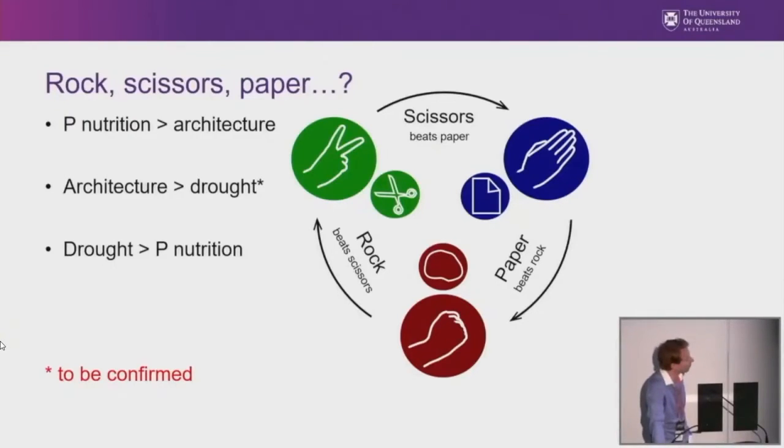I haven't really been able to confirm this in my type of experiments, but the theory holds pretty well, I think. And then lastly, drought beats phosphorus nutrition, particularly when phosphorus is located in the topsoil. So if the topsoil dries out quickly, you can have the most beautiful fertile soil, but if there's no water, you can't access it. So we have very clear rock, paper, scissors going on.